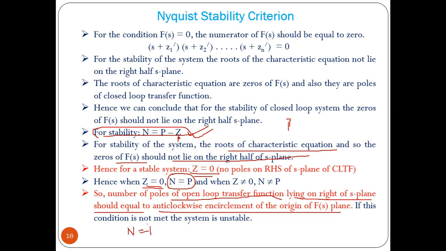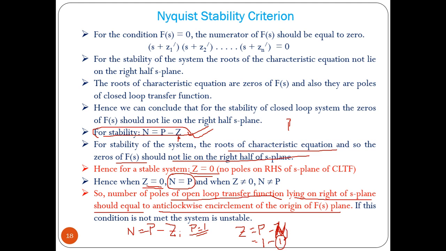So N equal to P minus Z. Suppose P equal to 1. That means we have one pole of the open loop transfer function in the right half plane. Then to make the system stable, Z should be equal to 0. That means Z equal to P minus N. Now here P equal to 1, so N should be 1.